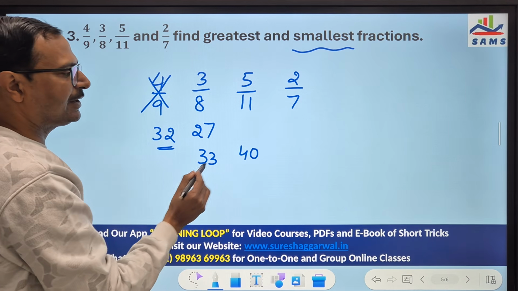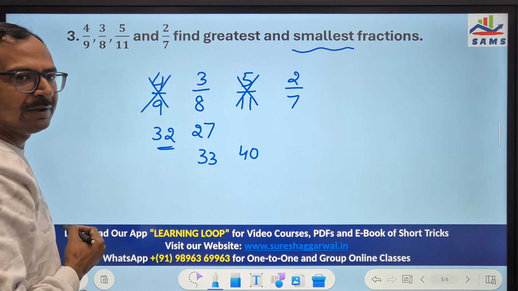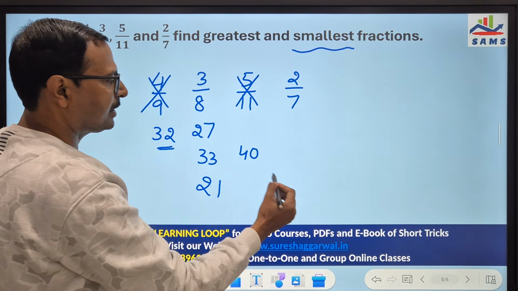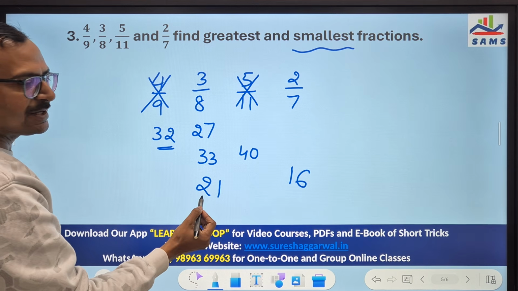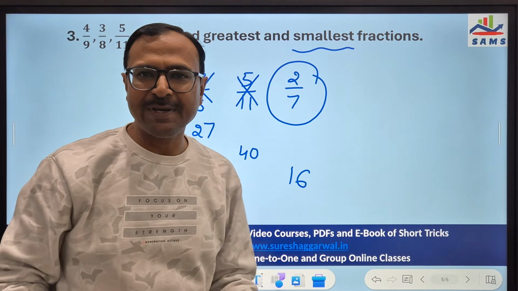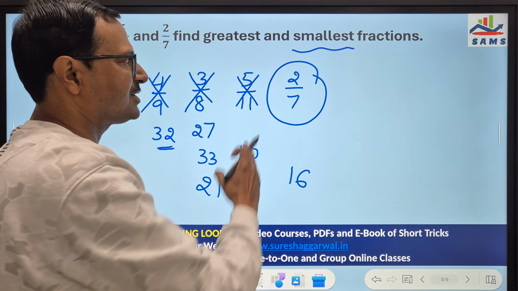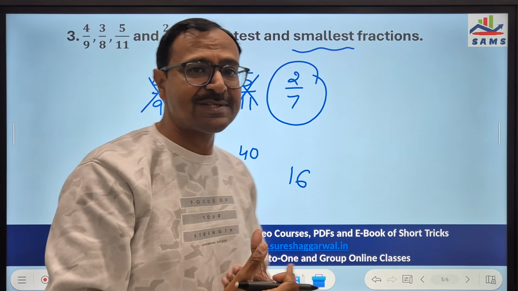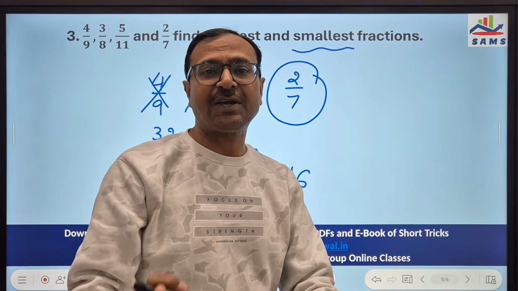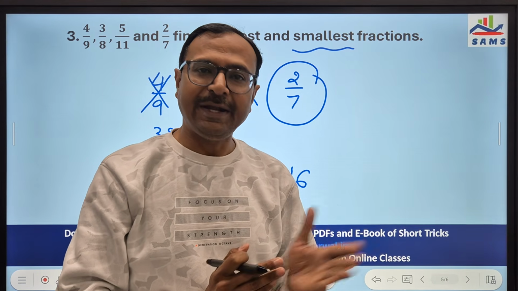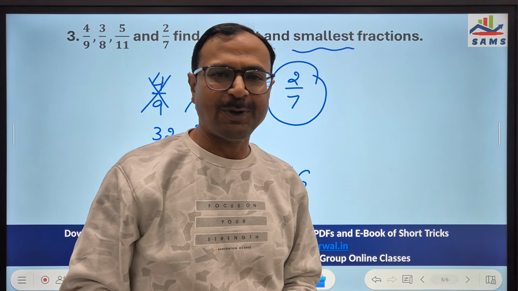I want the smaller one, so the greater one is eliminated. 3 7s are 21 and 2 8s are 16. The greater one is 21, so this is eliminated, and your answer is 2 by 7. So 2 by 7 is the smallest fraction out of these four fractions. Even if the number of fractions increases, like you are given 5 fractions or 6 fractions, still you can find which one of them will be the greatest or the smallest.